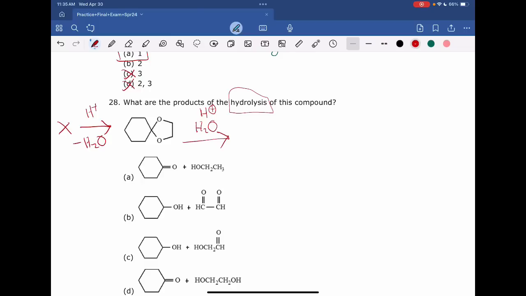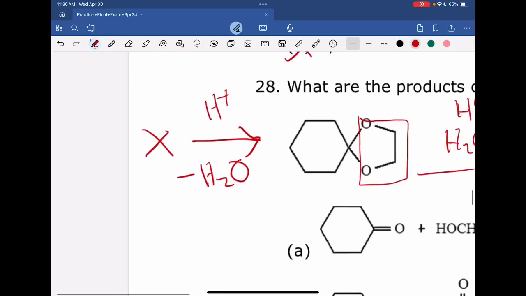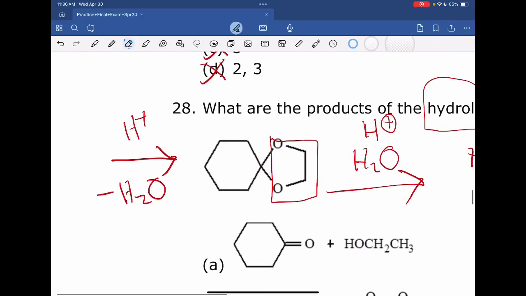So we want to go back. We identify this as a protecting group, so this is going to leave. And what would you have before this? This is definitely a ketone. This was a ketone before protection. So X here is just cyclohexanone.